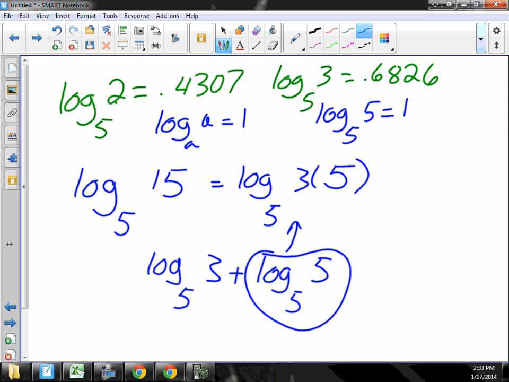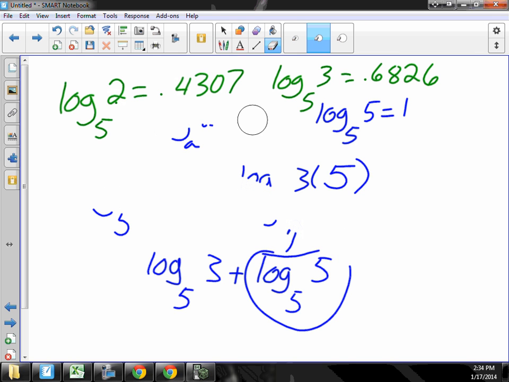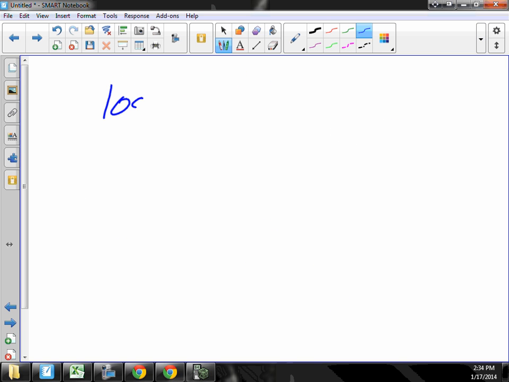All right, so if I wanted to do, well, I'm just going to clear this out. If I wanted to do log base 5 of 40, can I create a 40 using 2s, 3s, and 5s? How would you do it?